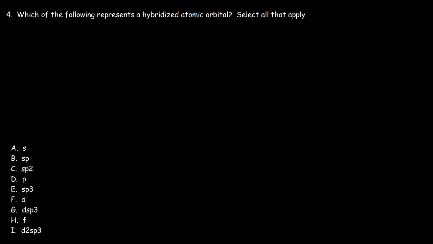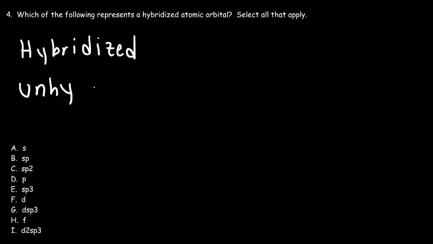Number 4. Which of the following represents a hybridized atomic orbital? Select all that apply. So I'm going to list out the hybridized atomic orbitals and the unhybridized atomic orbitals.